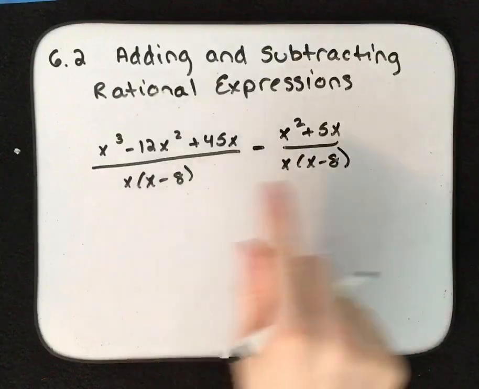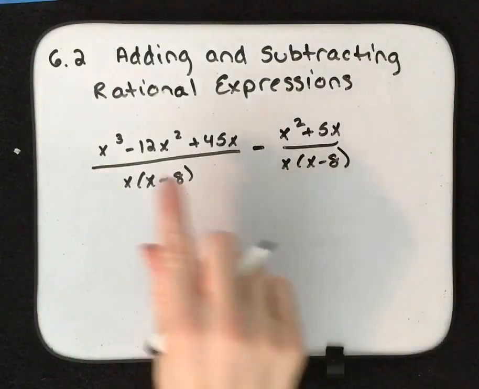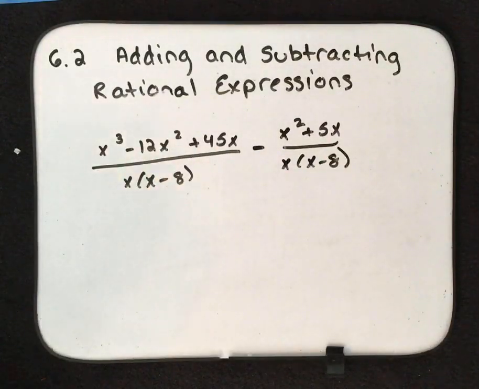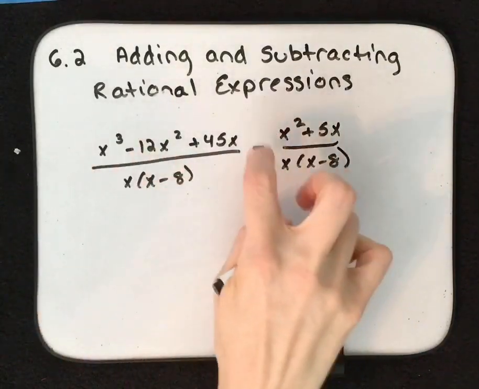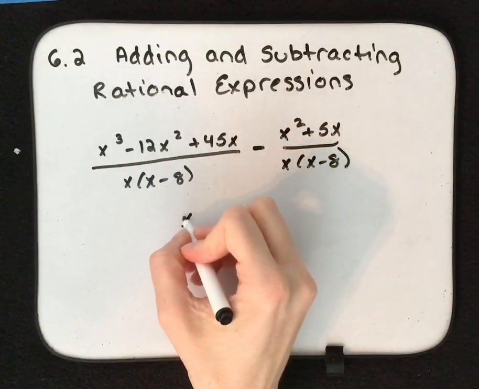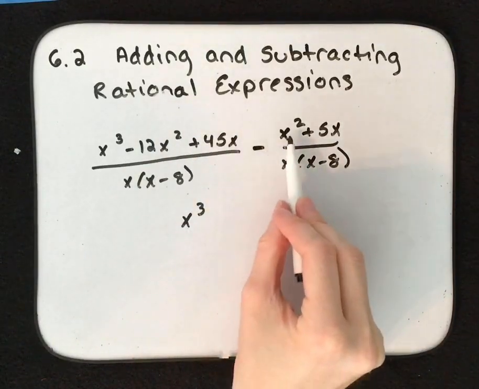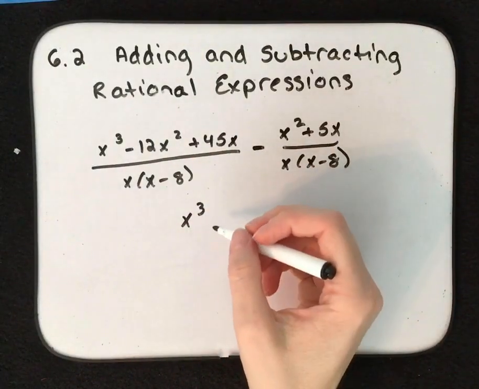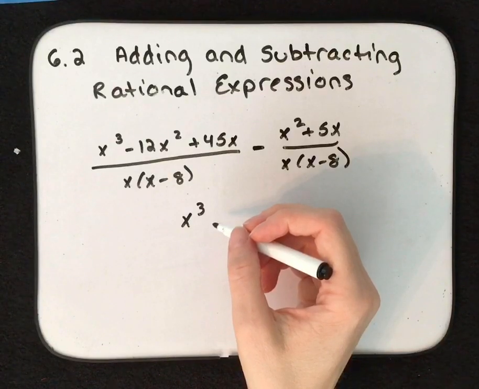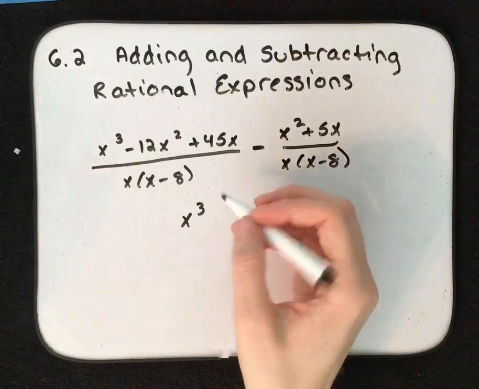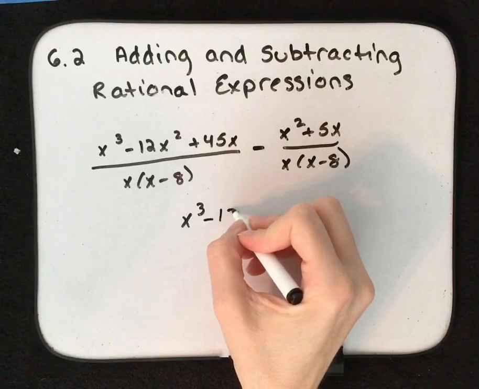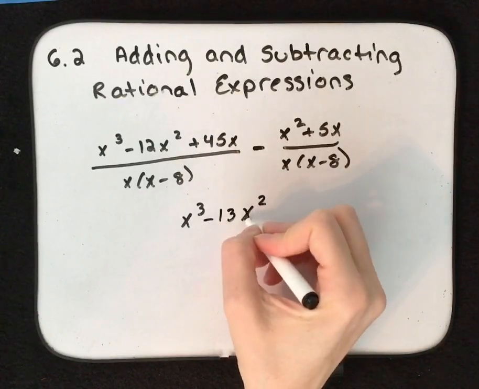So we have a common denominator already, so that's good. That means we can just perform our subtraction in the numerator. Here we have x to the third. I don't see any x to the thirds over here, so that'll just stay. Here we have negative 12x squared minus x squared, that's going to give us negative 13x squared.